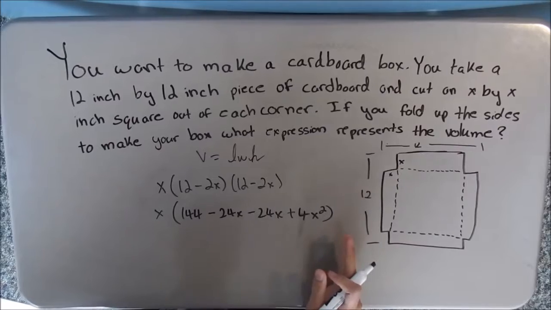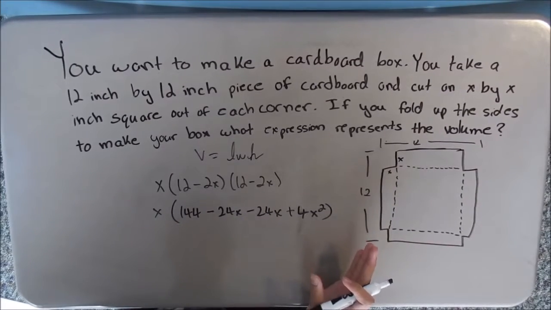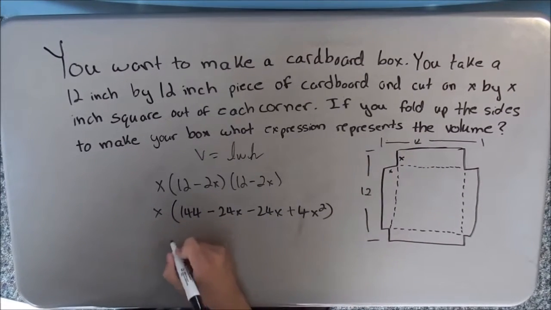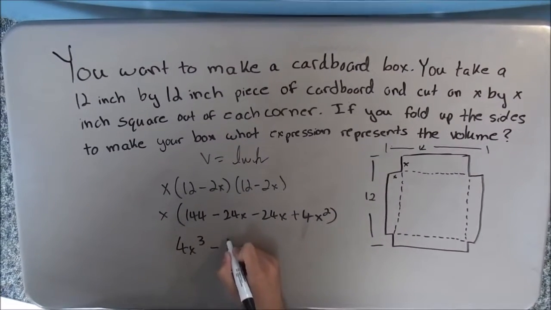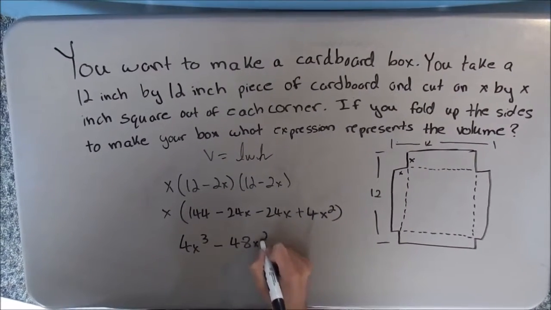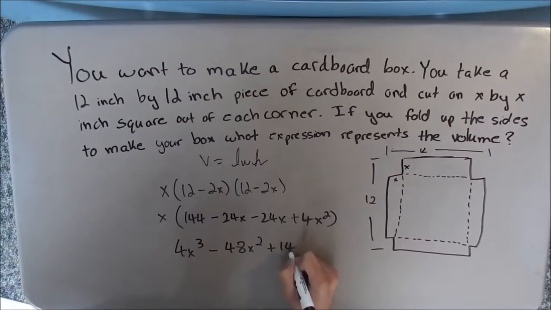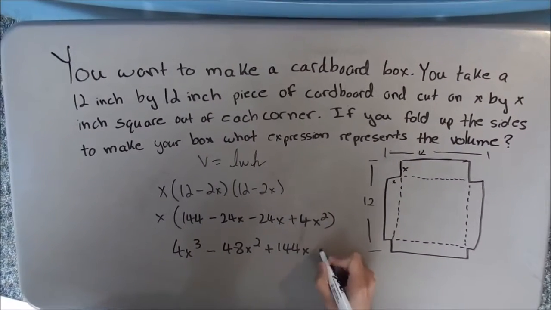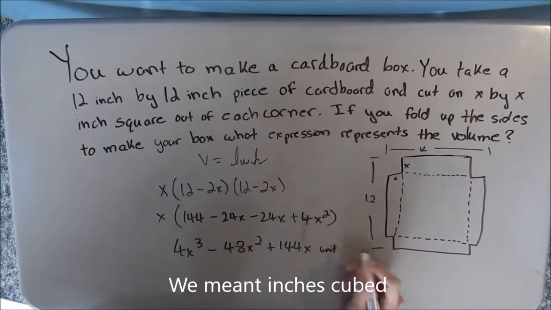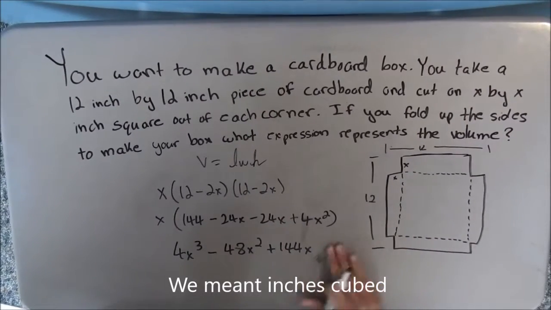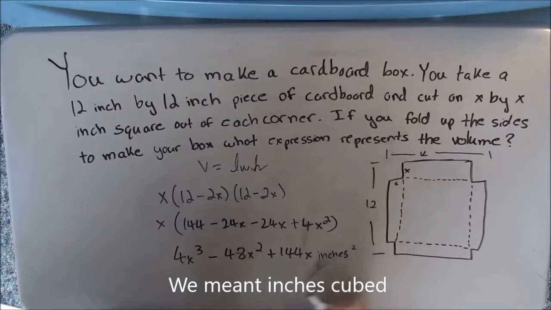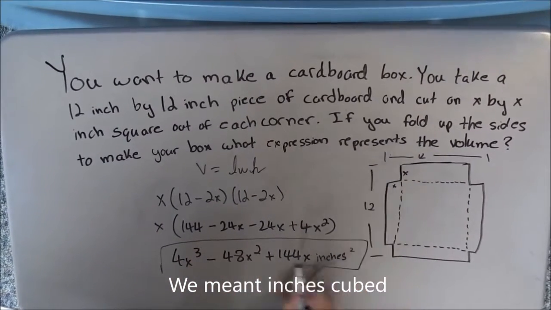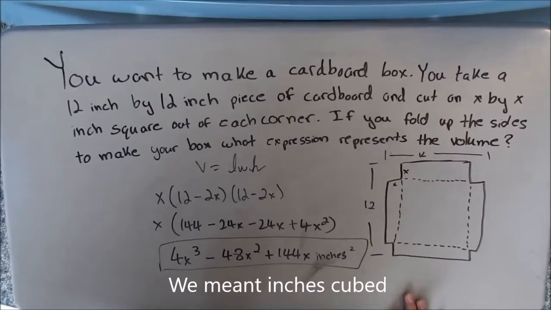So you get, I'll just rearrange these in a different way because I like it better. You get 4x cubed minus 48x squared plus 144x inches squared. Not units, inches. That is the expression. That is the volume of this box.